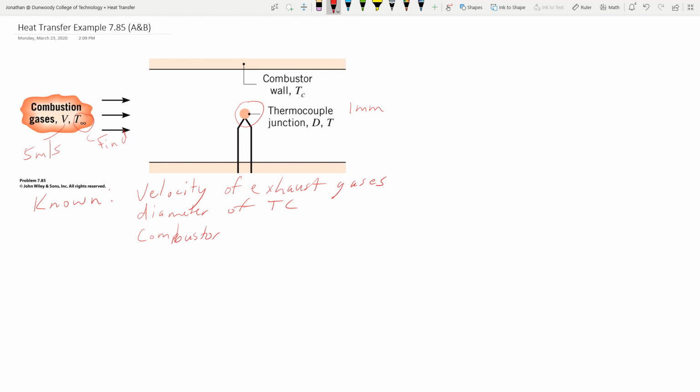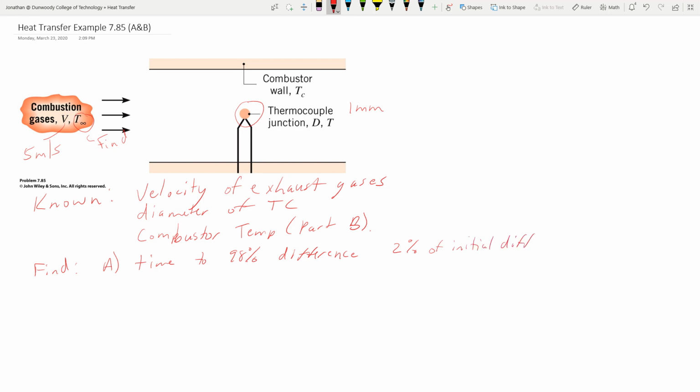Where did I lose the combustor temperature to? Oh, that's in the part B. We're looking to find for A the time to 98% difference, or recover to that point, 2% of the initial difference.